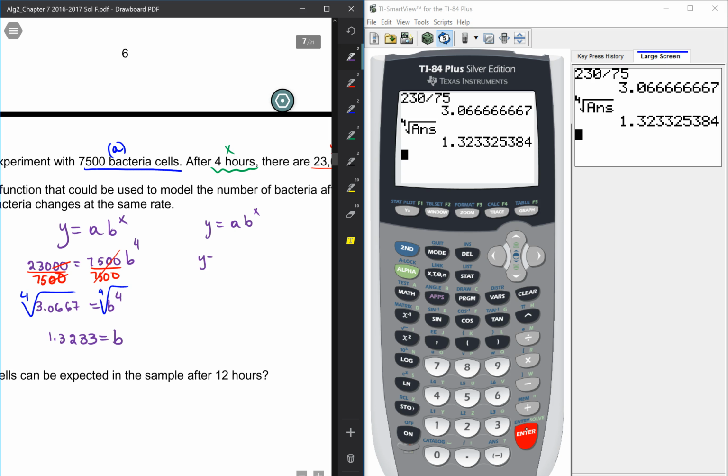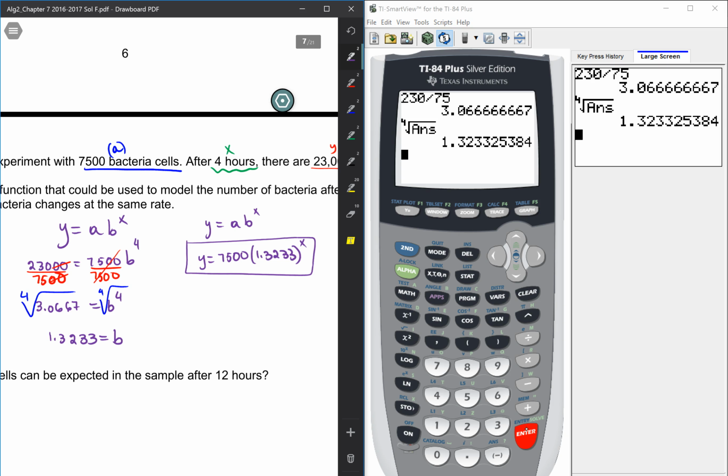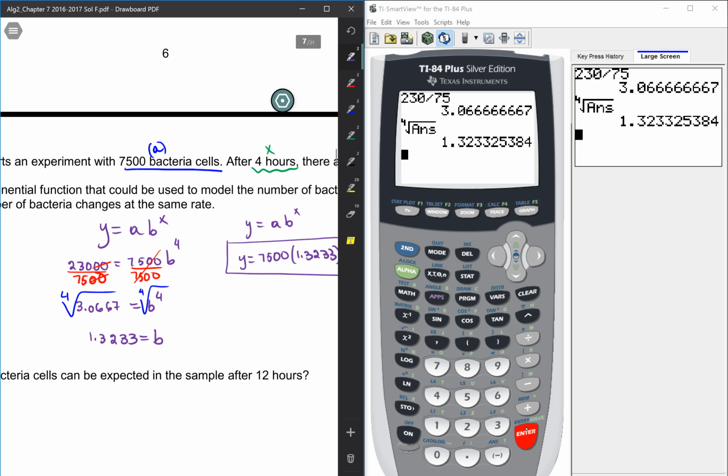So y equals 7,500 times 1.3233 to the power of x. Okay? And that's it. That's the model for this. The answer is not what equals to the answer. The model is, yeah, the answer is the actual equation.